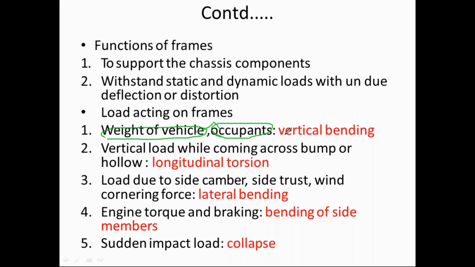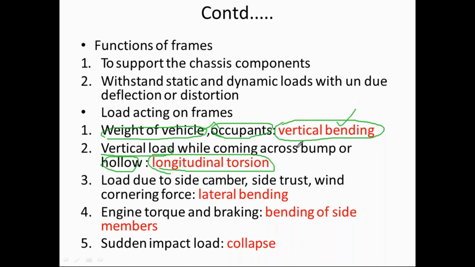This together constitutes the vertical bending of the frame or chassis. Then there are vertical loads while coming across bumps or hollows, speed breakers, or pits present on the roads. That will constitute a load that is longitudinal torsion.